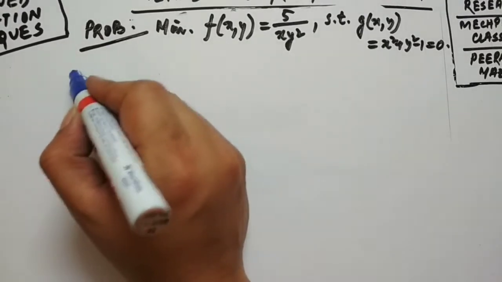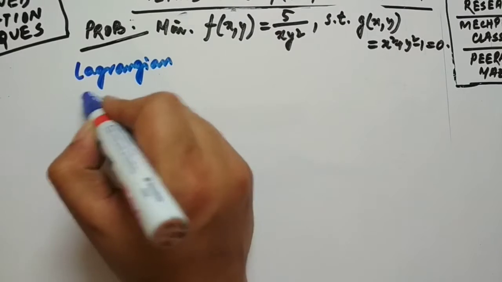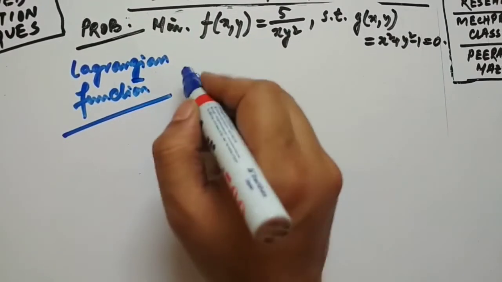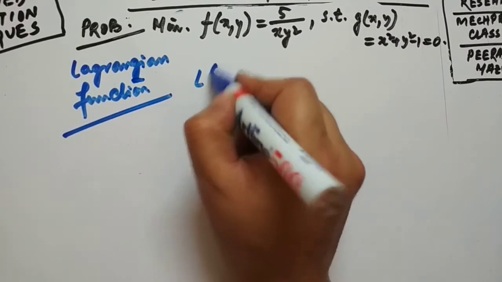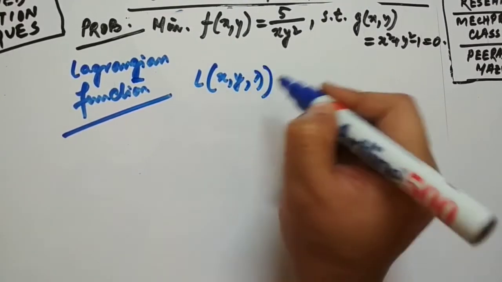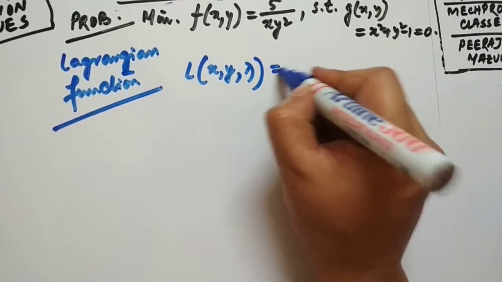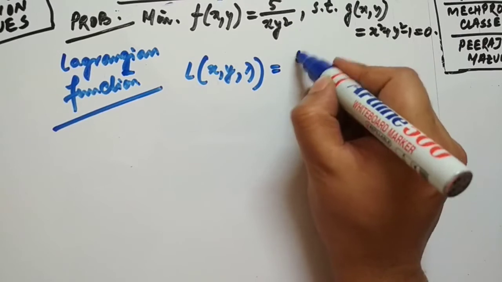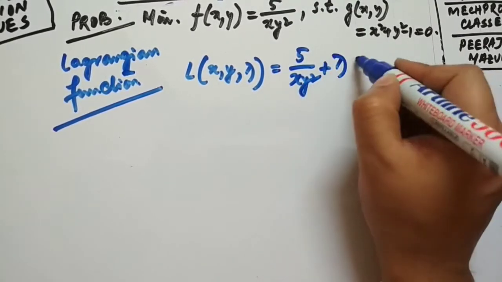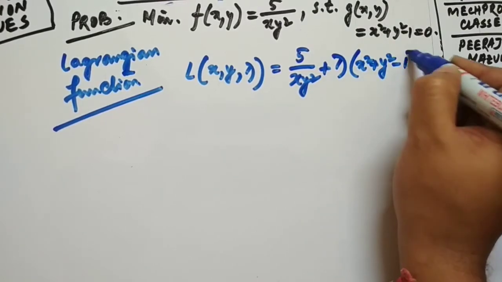I can write the Lagrangian function L of x, y, lambda equal to 5 by x y square plus lambda into x square plus y square minus 1.